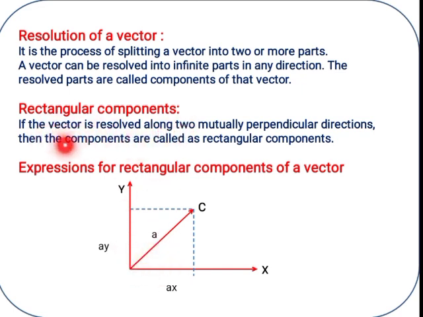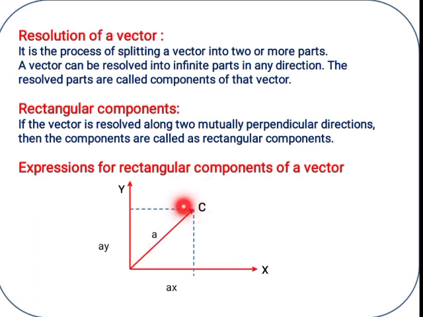Rectangular components: if the vector is resolved along two mutually perpendicular directions, then the components are called rectangular components. We discussed this in the previous video. Whenever we draw two vectors in perpendicular directions, the resultant vector is always at the diagonal side, or at the bisector side.